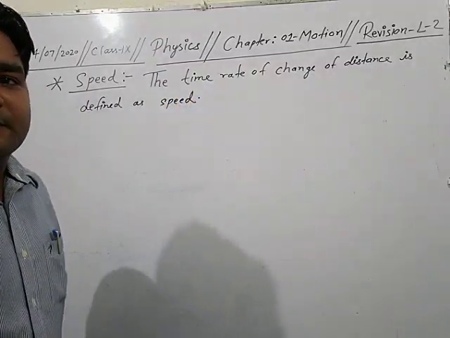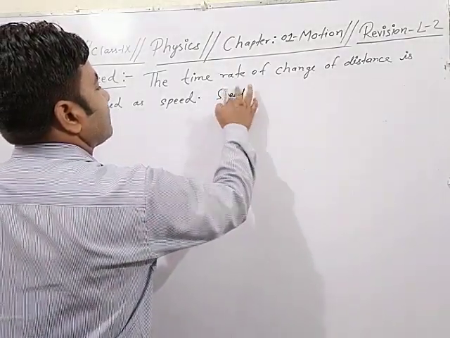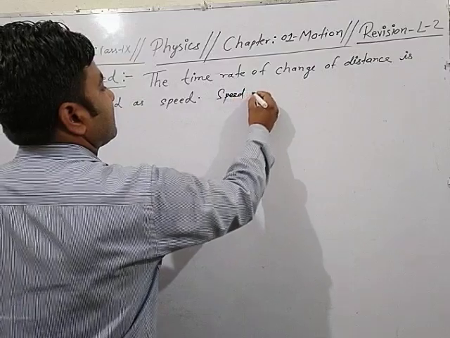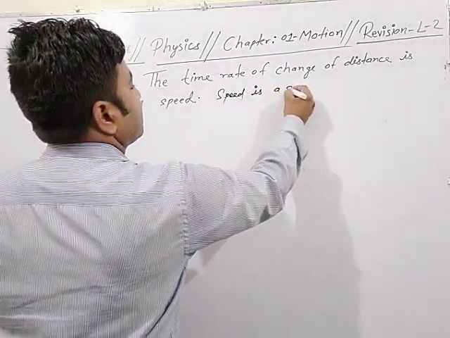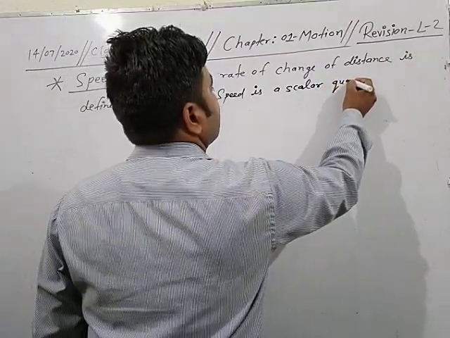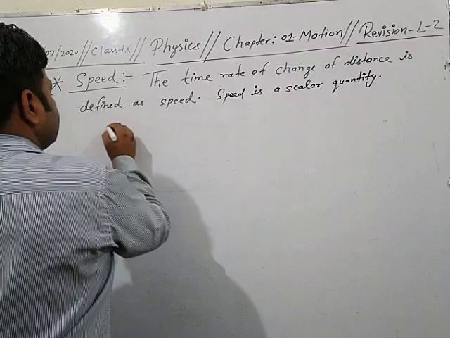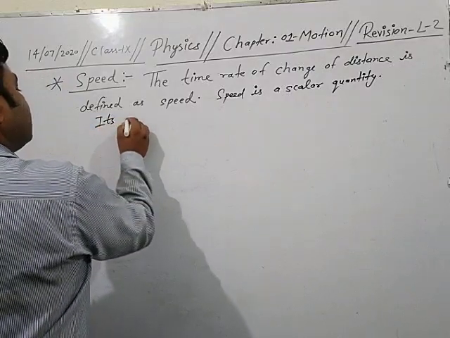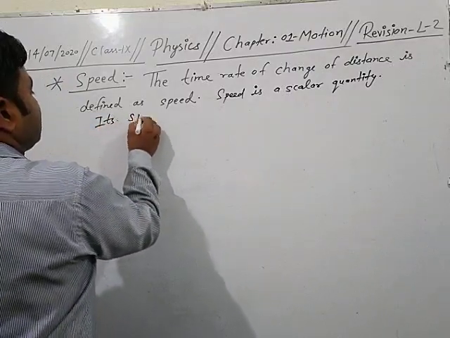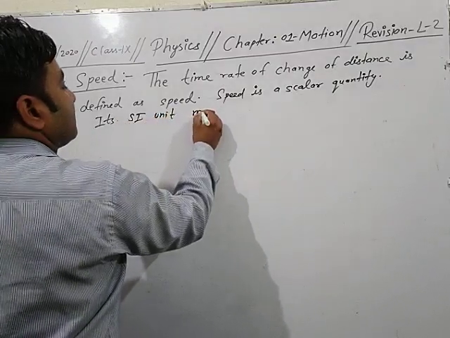Speed is a scalar quantity, and its SI unit is meter per second.